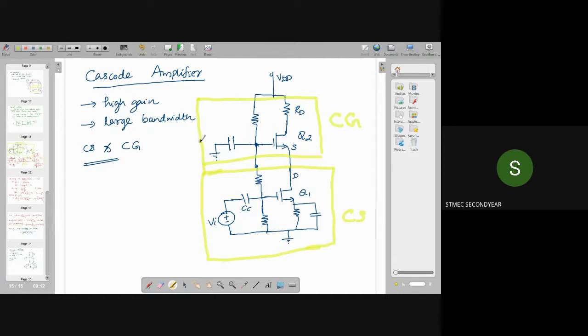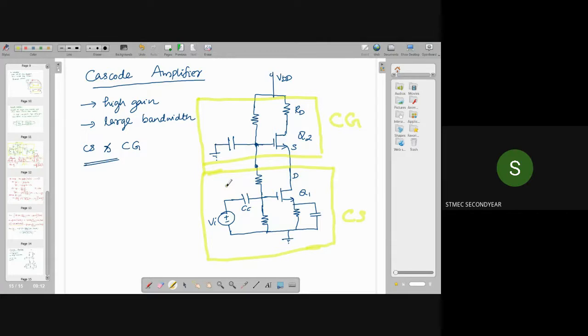Now, for the analysis purpose, if you are doing small signal analysis of this circuit, this will become very complicated. Number of resistors, capacitors, connections, the circuit will be complicated. So for the small signal analysis purpose, we are not considering the biasing resistors and capacitors. Small signal analysis is simpler. We are simply considering this common gate and common source configuration only.